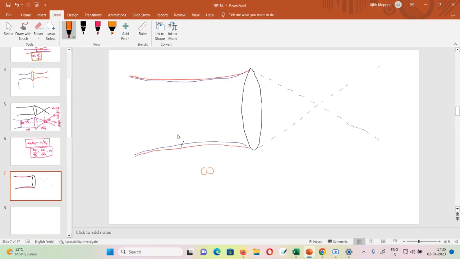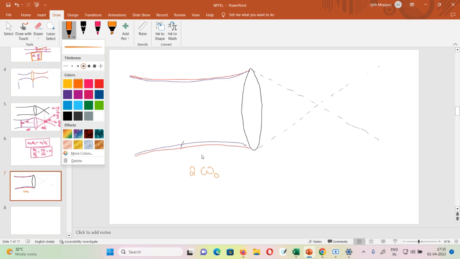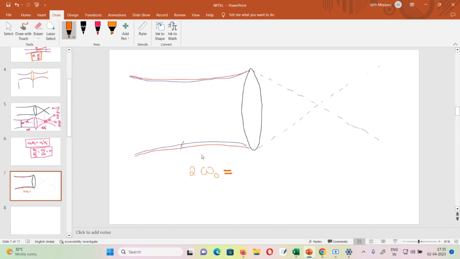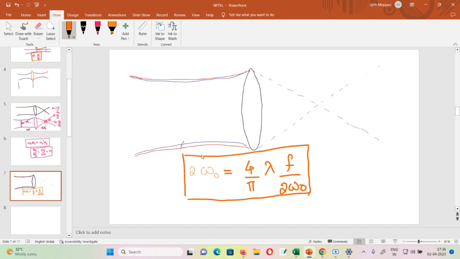So I can say that 2 omega naught will be my beam diameter, and 2 omega naught prime is defined as 4 by pi into lambda into f divided by 2 omega naught.